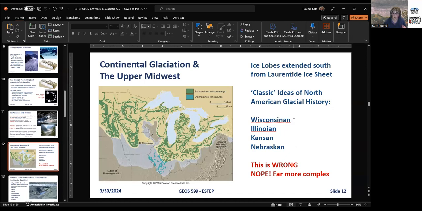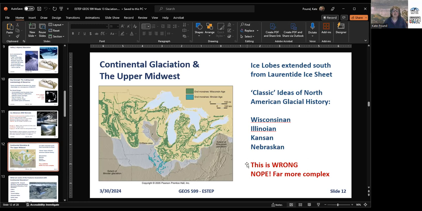The youngest is the Wisconsinian, prior to that, the Illinoisan, the Kansan, and the Nebraskan being the oldest. And these get named because these are the states where the deposits associated with what were regarded as those advances are best preserved. Well, now pay attention to the writing in red. This is wrong.